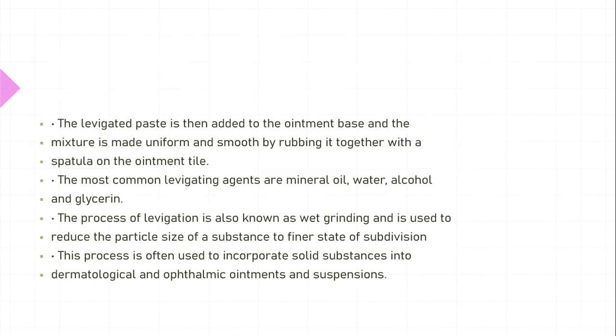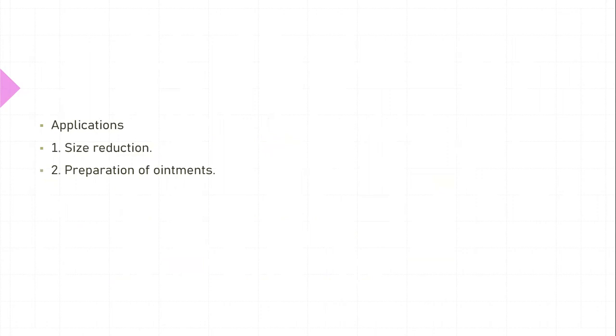The process of levigation is also known as wet grinding and is used to reduce the particle size of a substance to a final state of subdivision. This process is often used to incorporate solid substances into dermatological and ophthalmic ointments and suspensions. Applications: size reduction and preparation of ointments.